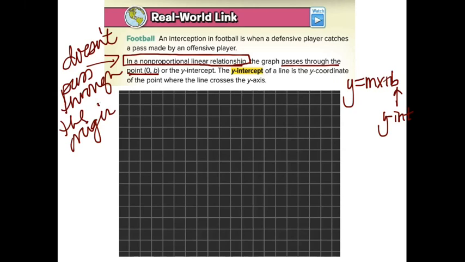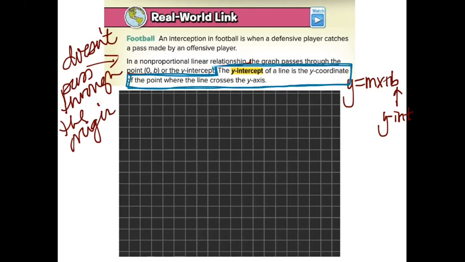The y-intercept of a line is the y-coordinate of the point where the line crosses the y-axis. So there's our first vocabulary word. So the y-intercept of a line is the y-coordinate of the point where it crosses the y-axis. So make sure you pause and that gets copied somewhere.